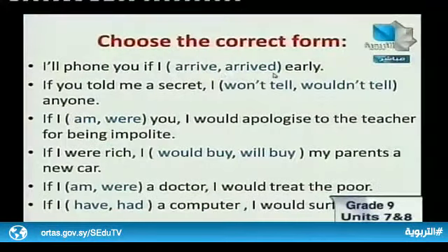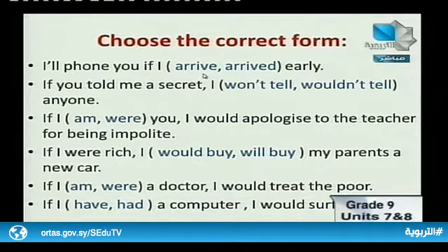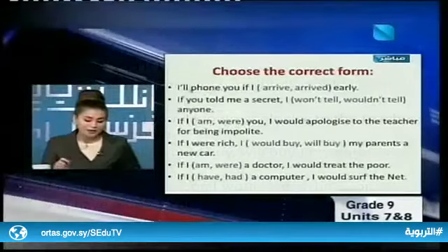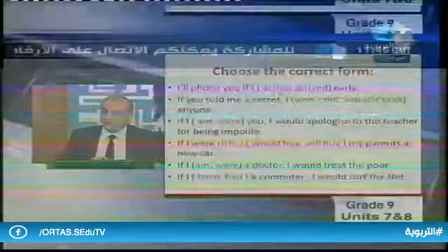I will phone you if I arrive or arrived early. In the first clause, I will. If plus will, then we are going to choose the present simple, which is arrive, not arrived, because it is the first conditional clause. Why should we choose arrive but not arrived here?